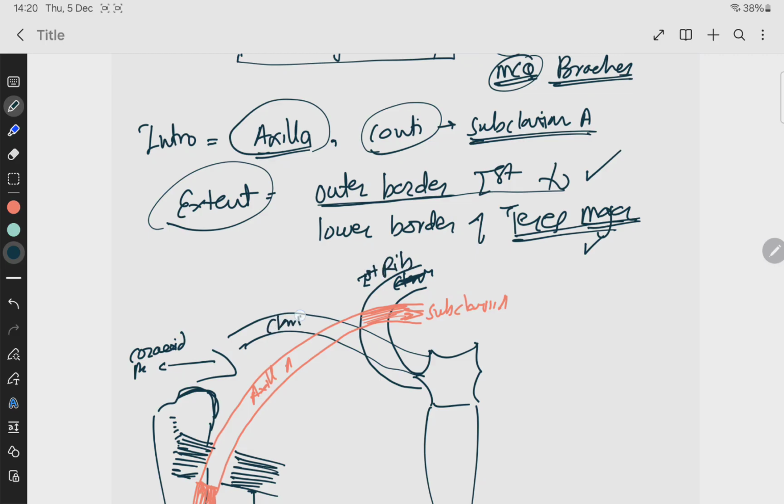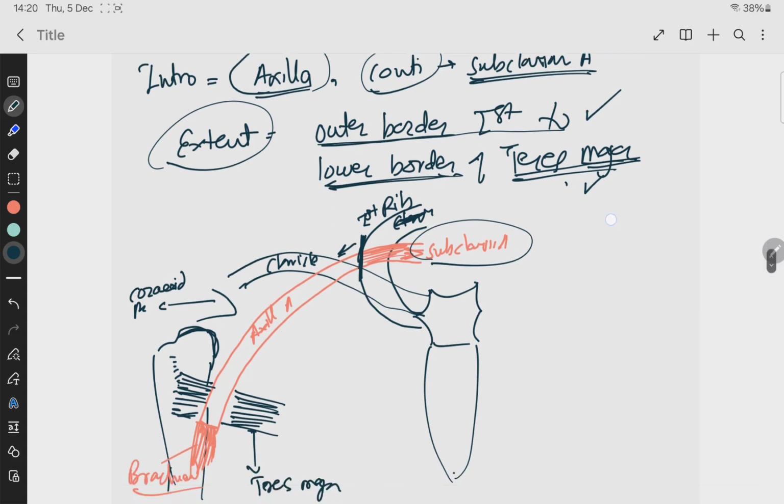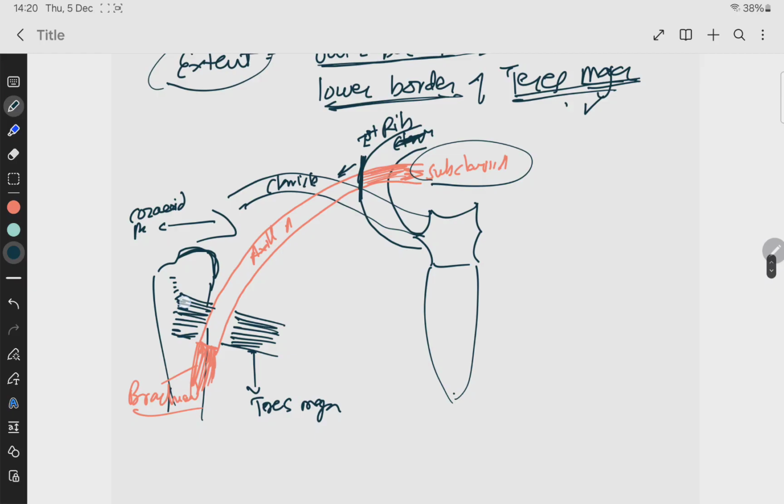This is the clavicle. So below the outer border of the first rib begins the axillary artery, above it is the subclavian artery, and it extends up to the lower border of teres major. Teres major is inserted on the medial lip of the bicipital groove. Up to the lower border of teres major there is axillary artery, below it called the brachial artery.